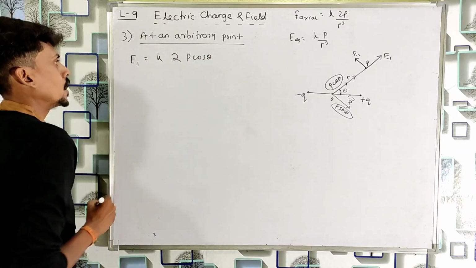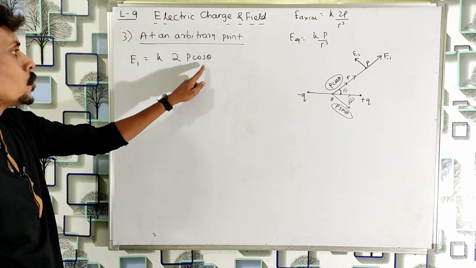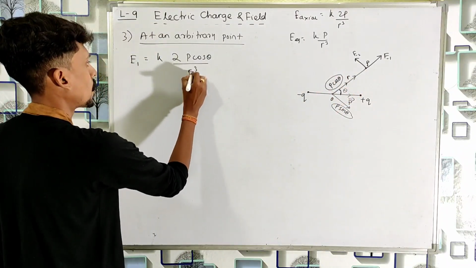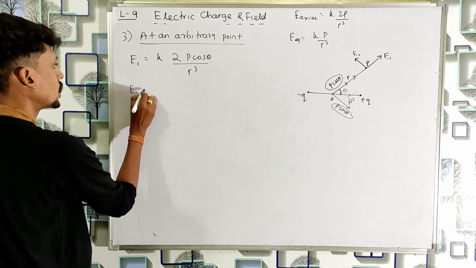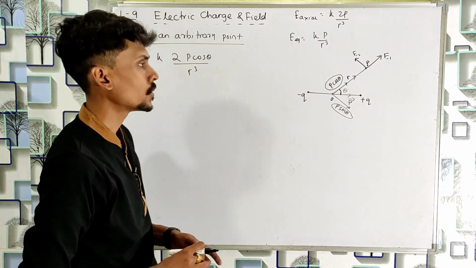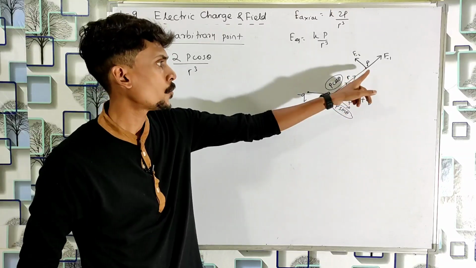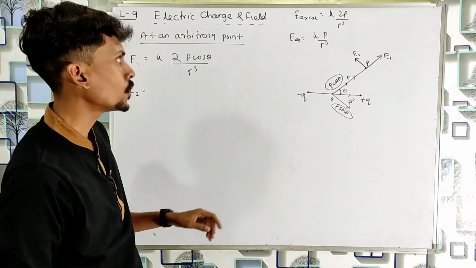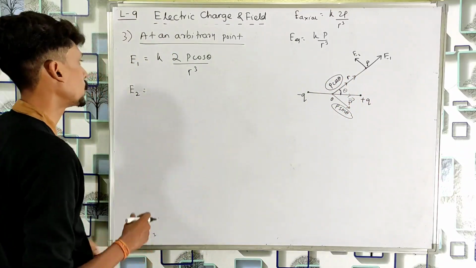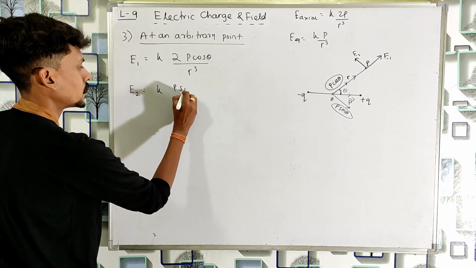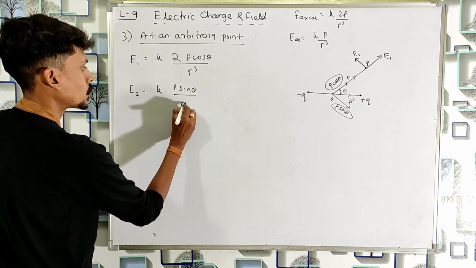So E1 equals K into 2p cos theta by r cube. And what is E2? E2 means the electric field at point P due to the component P sin theta, and the point P is an equatorial point. So we have to use the second formula: E equatorial, or E2, equals K into P sin theta divided by r cube.